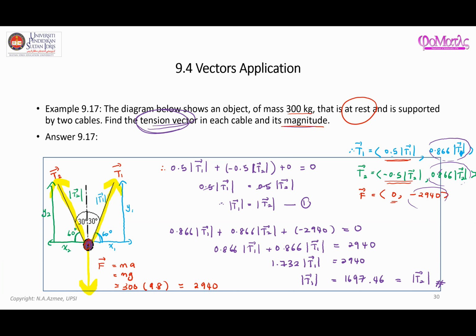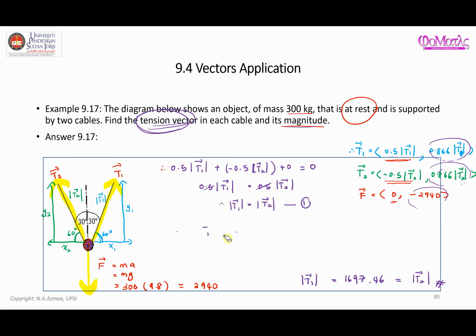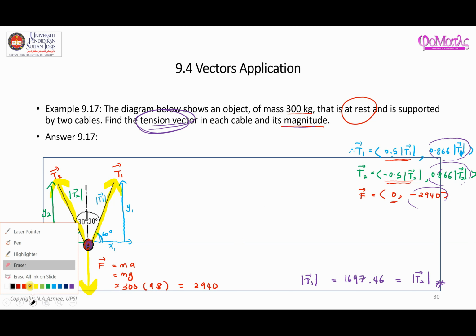Okay, I'm just going to erase this. Next we're going to plug in the result of our magnitude into the respective vectors that we have here.